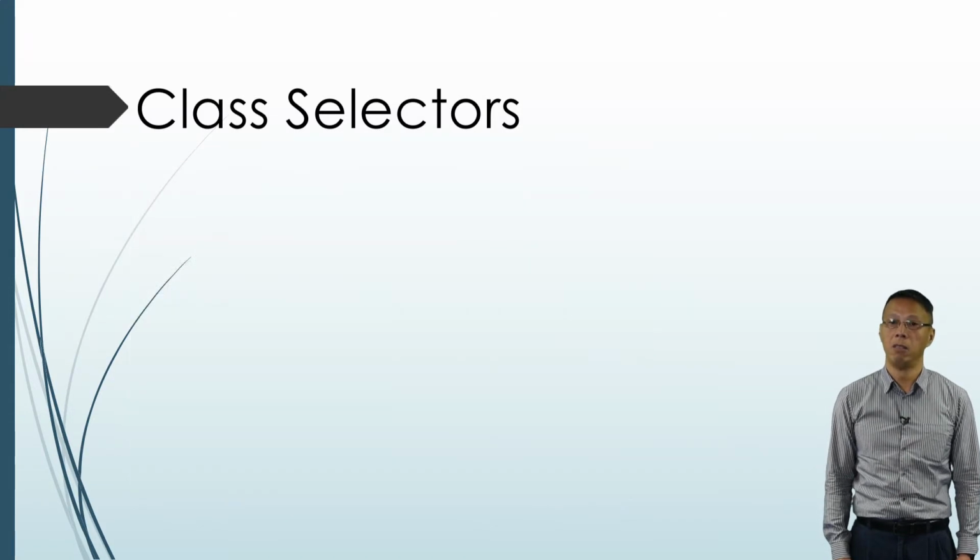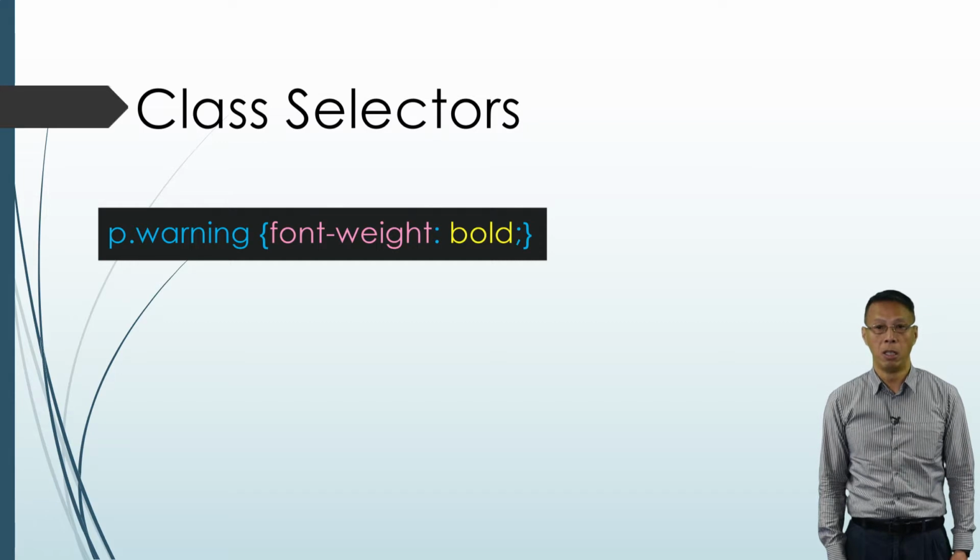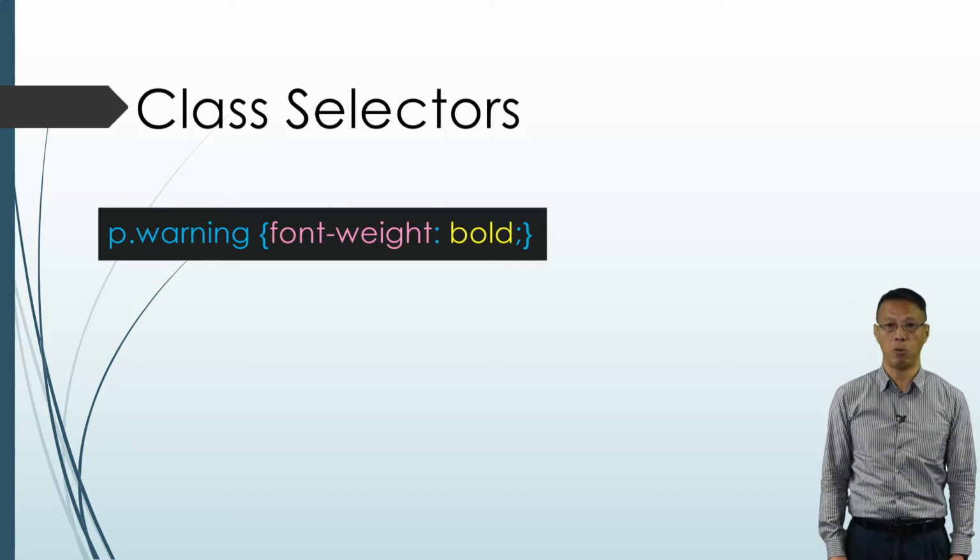Now, if we only want to have the P element with class equal to warning, with the font weight equal to bold, then we can specify the CSS rule as what we see on the display here.